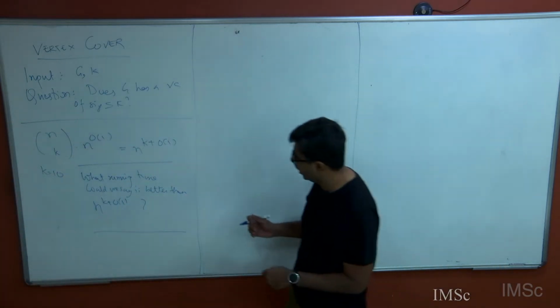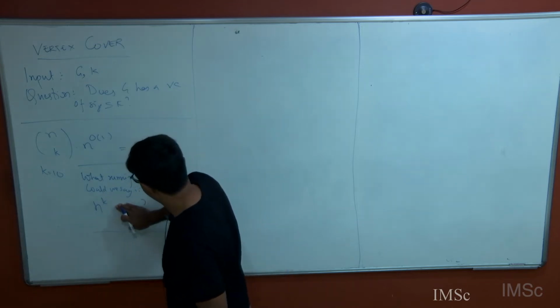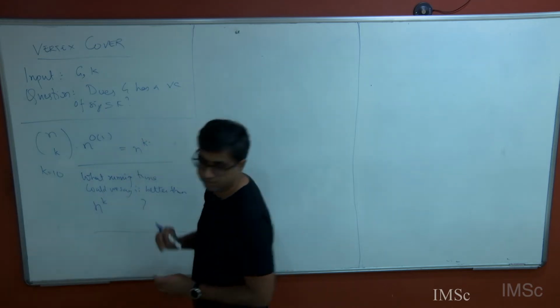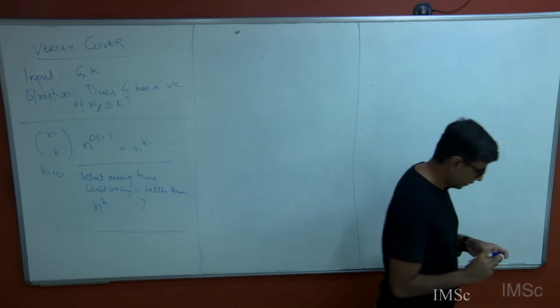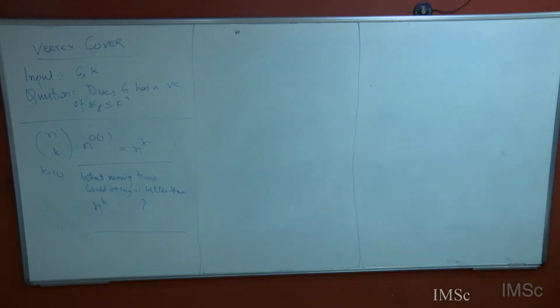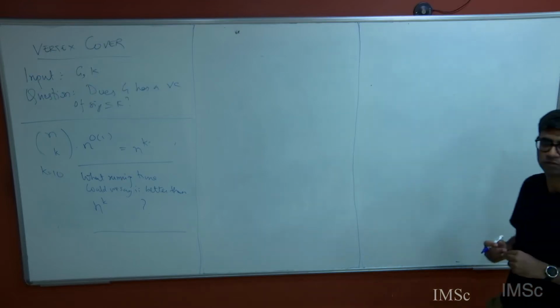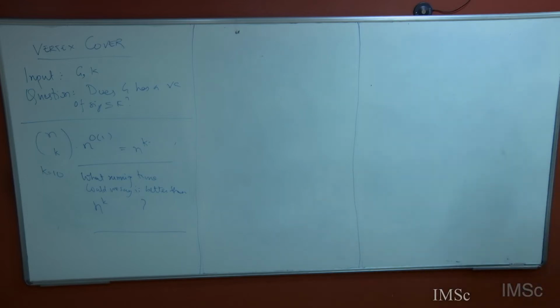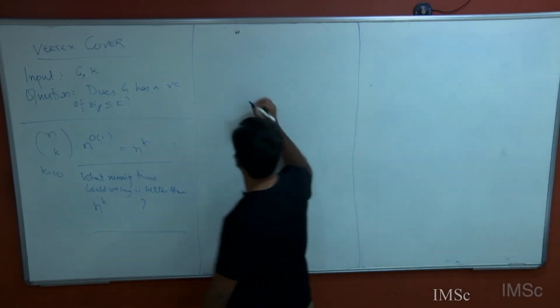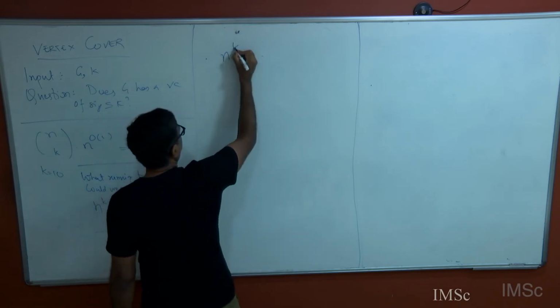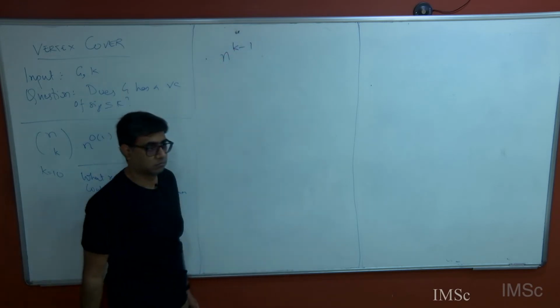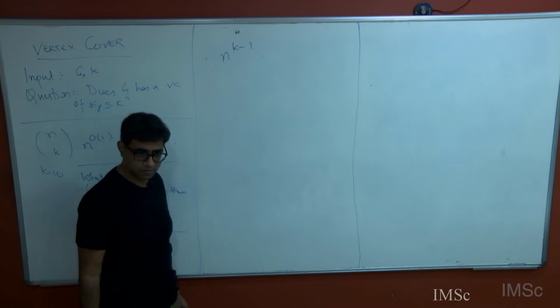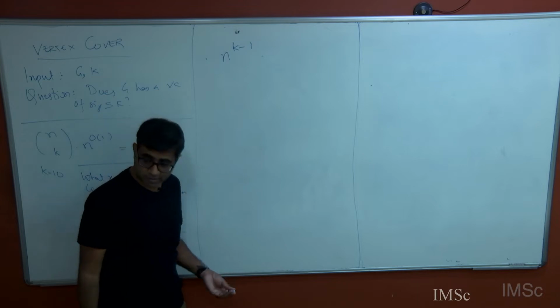This is why I say for now let's not worry about the plus 1. Suppose this is just n to the power k. What form of running time will I say is an improvement over n to the power k? Is this an improvement over this algorithm? Yes or no?